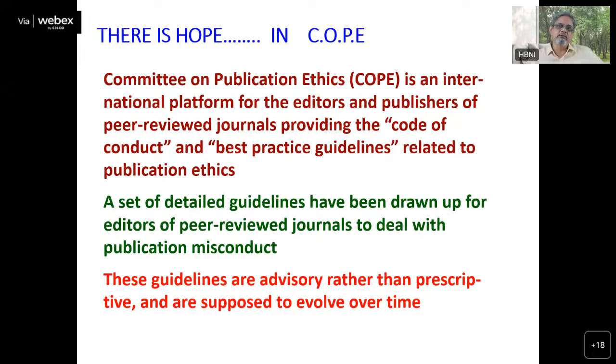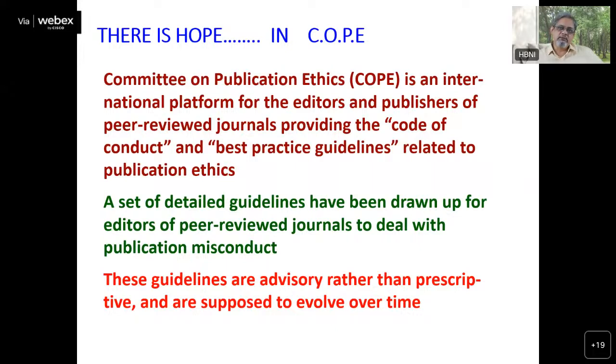So a couple of editors, I think in the year 1996 or 1997, got together and decided that they must have some kind of an international platform for editors of all journals, something like an advisory body and a guide for these people, in order to see that ethics are followed not only in the course of the research work, but also during the publication process.